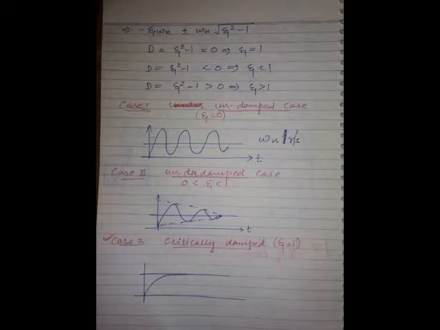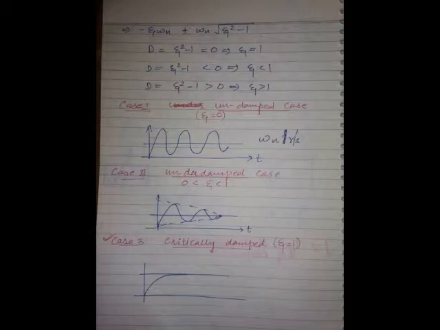For what value of zeta? Zeta equal to 0. If the roots are lying on imaginary axis, this characteristic equation will become s square plus omega n square. What is inverse Laplace of such transfer functions? Sin omega n t.